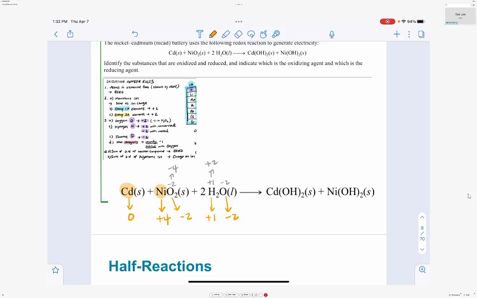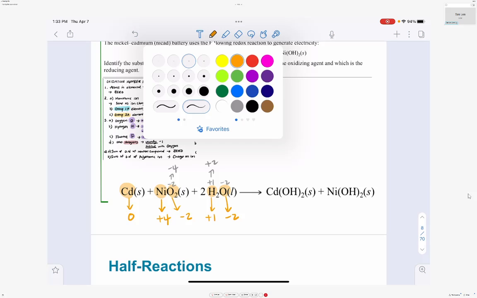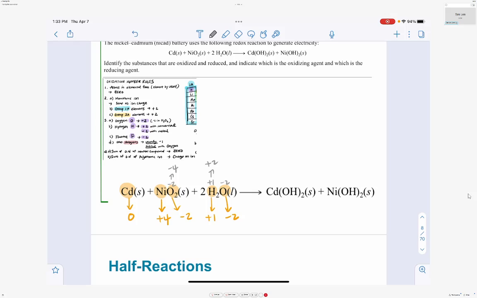Now that we're done with the reactant side, let's move on to the product side. Let's assign the oxidation numbers for the product side. The cadmium hydroxide is also a neutral compound, so we know that the sum of the oxidation numbers of this compound should also be 0.